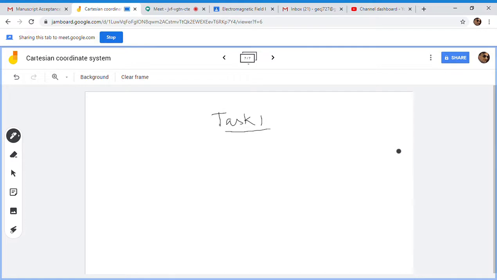So what we were doing, we tried to convert your cylindrical coordinate system into rectangular coordinate system. So let us take a reference XYZ.